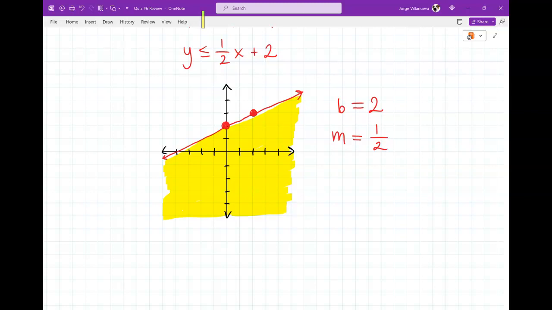The shading is always easier: if it says less, think down; if you see greater, think up. But for the lines, if it says only less or greater, then it's dashed. If it's less than or equal to, or greater than or equal to, then it's solid.